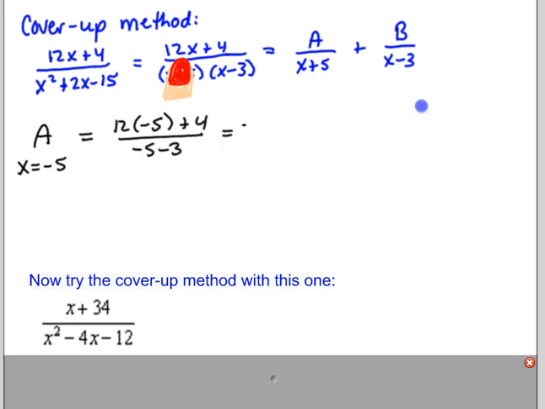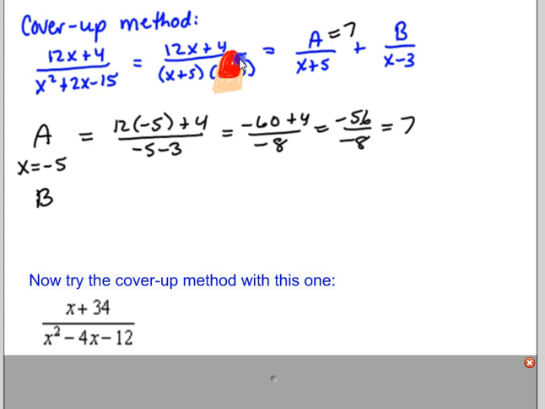So the numerator is -60 plus 4 over -8, -56 over -8, which is 7. So A equals 7. B, now we cover up the factor that is under the B. That's supposed to be a finger with a red fingernail, by the way, if you're wondering what this odd-looking thing is. All my students tell me it creeps them out.